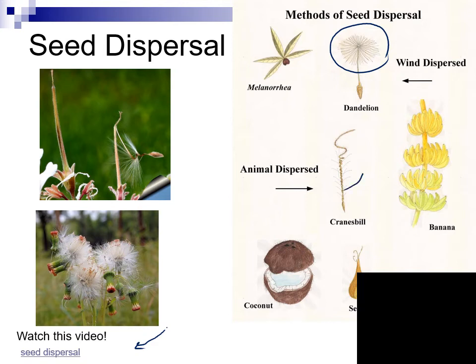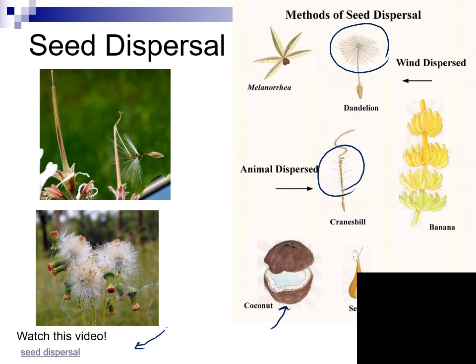You know there are sticker burrs that get stuck in your socks or in your dog's hair when you go for a walk. Those are seeds. They get stuck and then they drop off somewhere else. That's a good way to disperse seeds. A coconut is a seed from the coconut tree, and it's hollow on the inside so it floats.